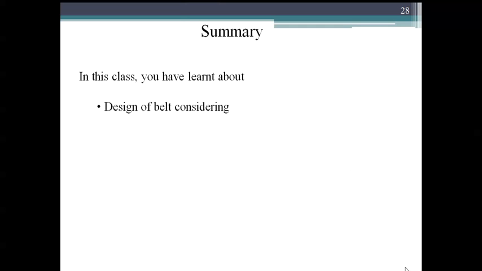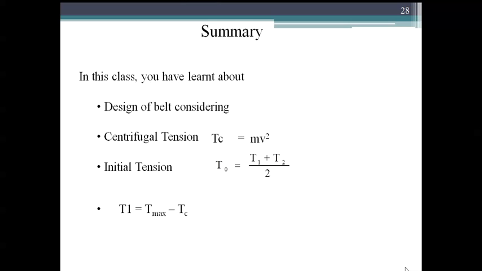So in this class we learnt about the design of belt considering the centrifugal tension, Tc equal to mv square, and initial tension T0 equal to (T1 plus T2) by 2. T1 equal to T max minus Tc, the tension on tight side, when you consider the centrifugal tension.